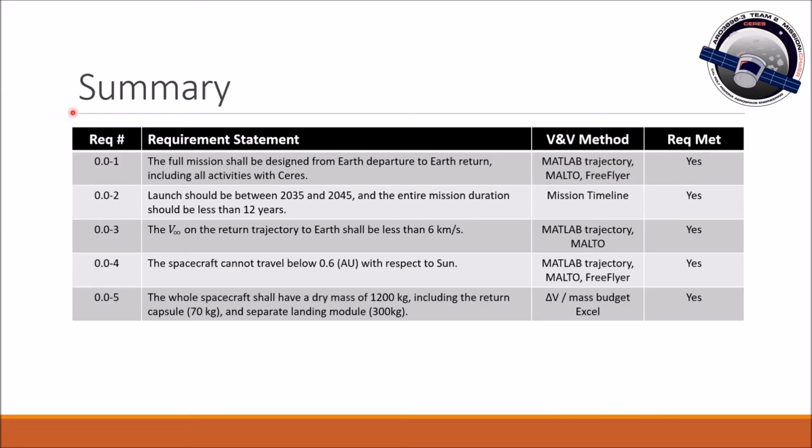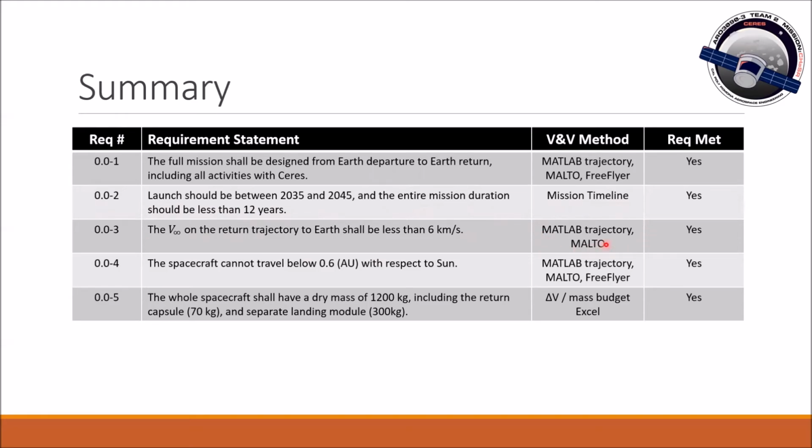Now to summarize the entire Chaser mission project, we will briefly go over how we met our mission requirements. Just to highlight a couple, we were able to meet our second requirement, which states that the entire mission duration should be less than 12 years. This was shown in the timelines in the previous slide. Another is our Earth arrival V-infinity requirement, which we verified through technical calculations using MATLAB and MALTO.